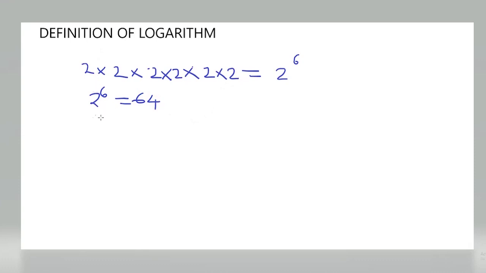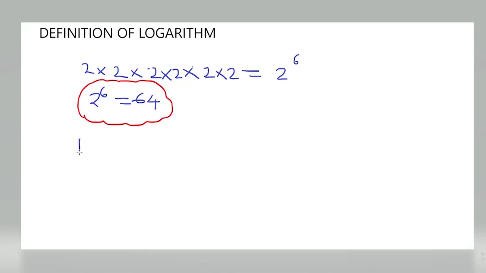Now from this expression, 2 power 6 is equal to 64. Now I need to express it in logarithmic form. How can we write it into logarithmic form?